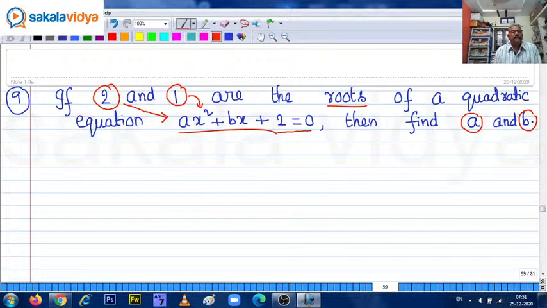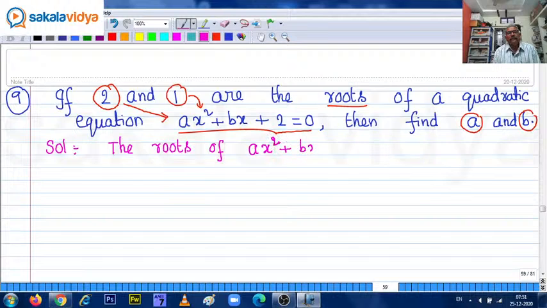So now let us proceed for the solution like this. The roots of ax square plus bx plus 2 equals to 0 are 2 and 1.